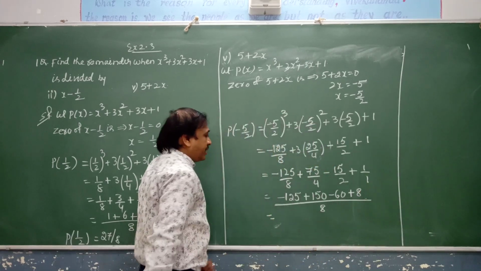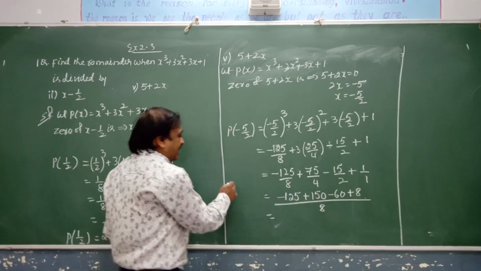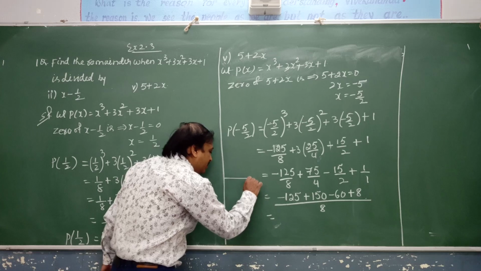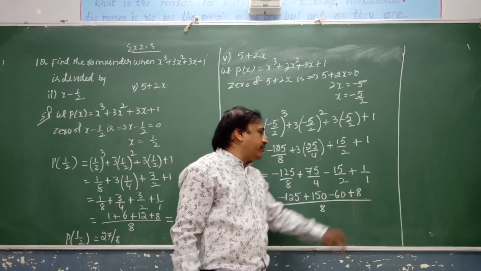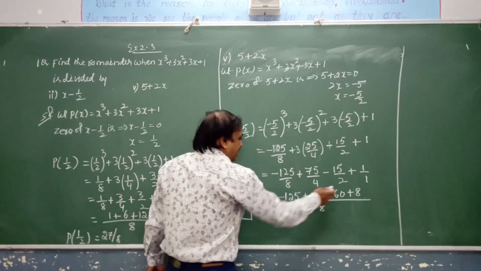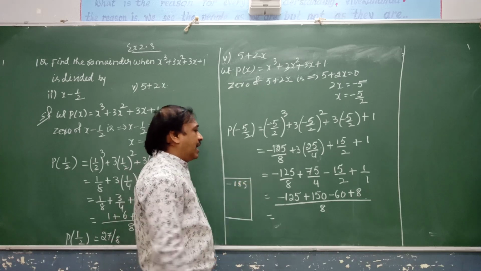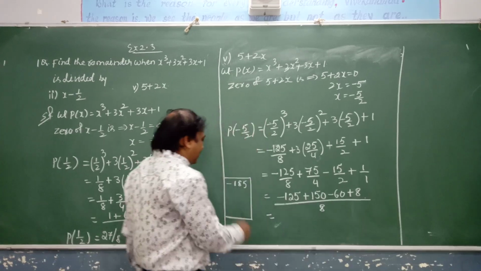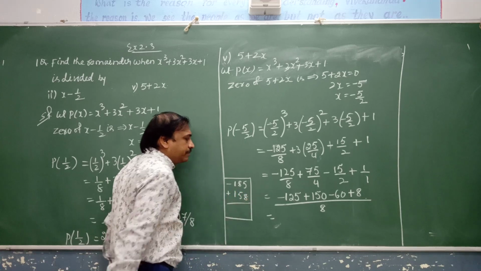Now we see here, minus 125, minus 60. I am just adding those values together. Negative values you add, then positive values you add, finally you subtract. 125 plus 60 is minus 185, and 150 plus 8 is plus 158.